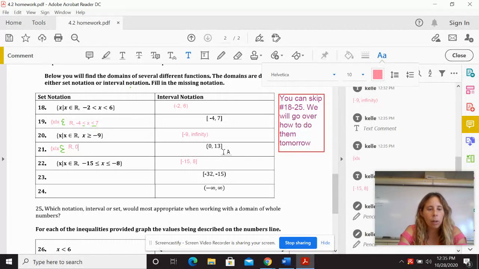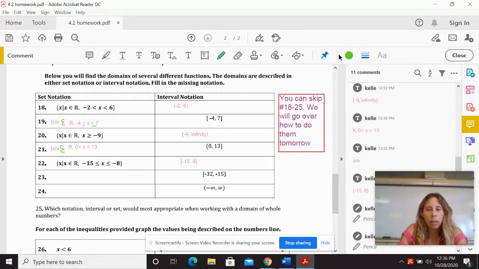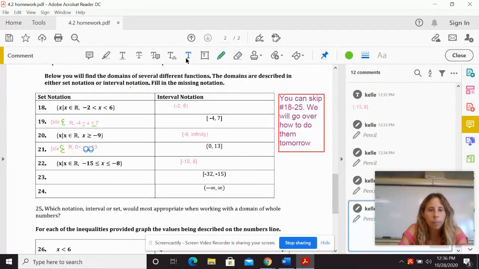Zero has a parenthesis, so it's not equal to; x is just greater than 0. And x is less than or equal to 13 because there's a bracket.